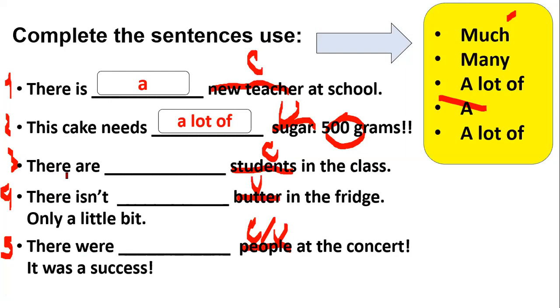And then we have, there are, number 3. Many. Exactly. There are many students in the class. Now this one is negative. There isn't much butter in the fridge, only a little bit.